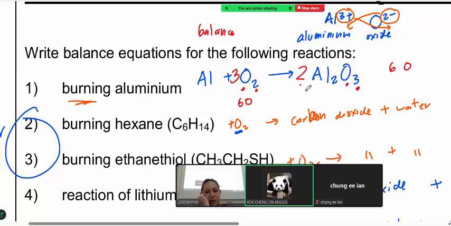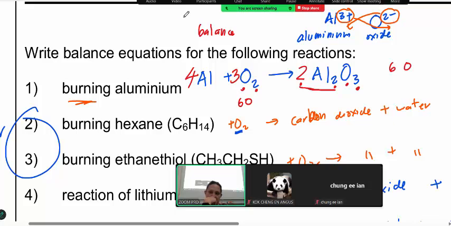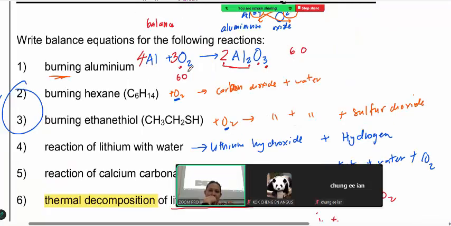Yes. Okay. Now, look at aluminium. Here, how many aluminium? 2 times 2 in front is 4 aluminium. So you put 4 in front. That's why the equation is like this. Do you get it? Basically, the amount of aluminium and the amount of oxygen must be the same on both sides.